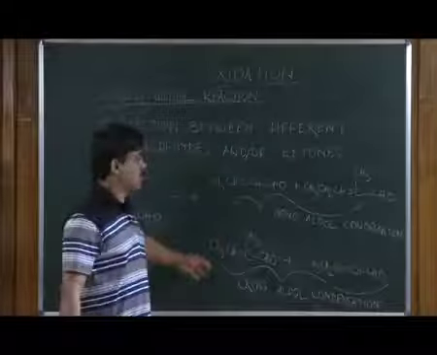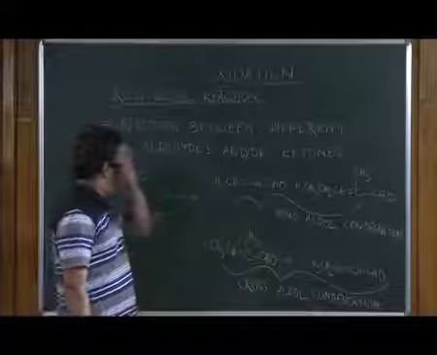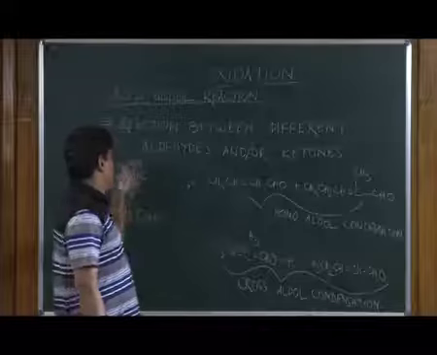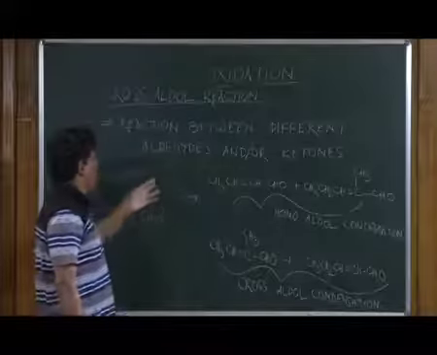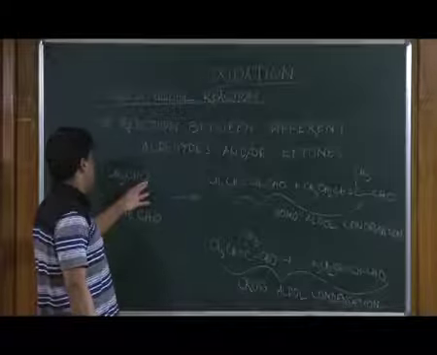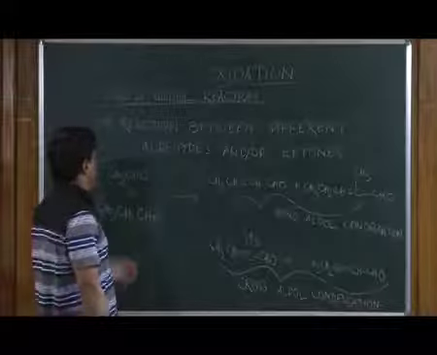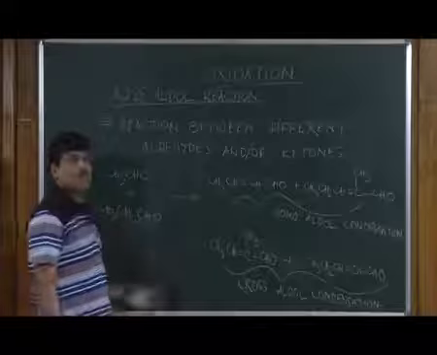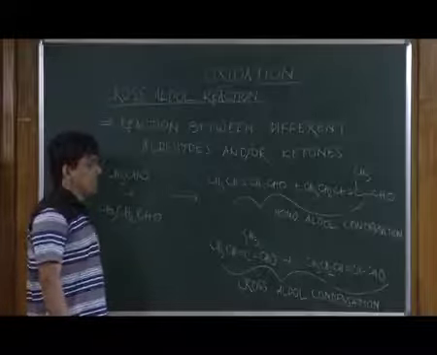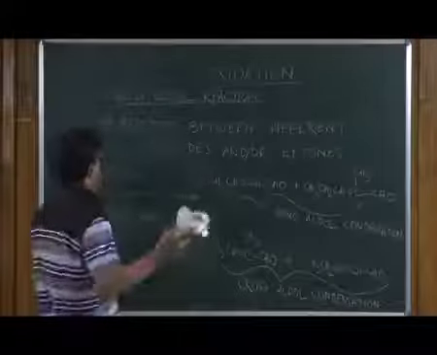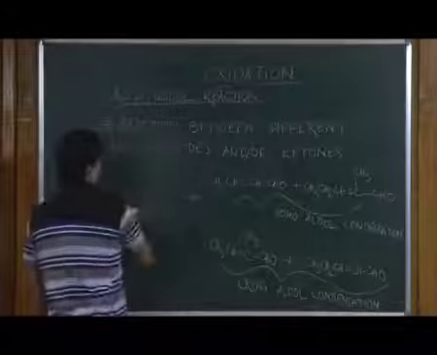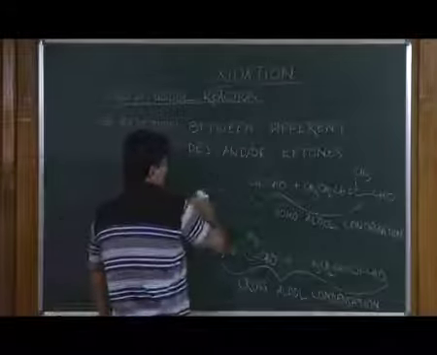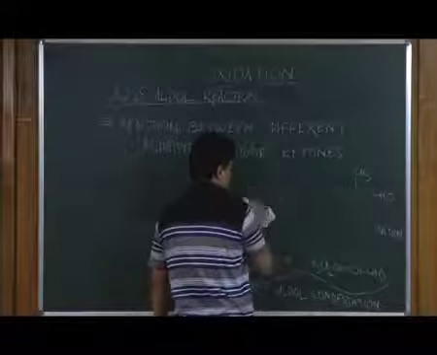As you can guess, if both compounds have alpha CH, then there is a mixture of products. But if one of them does not have alpha CH, then you can get selectively one product, like the reaction between acetophenone and benzaldehyde.